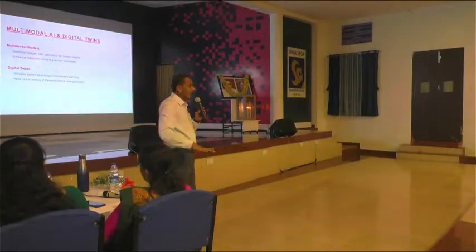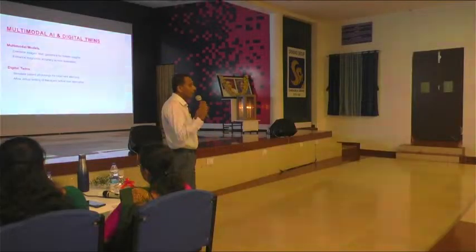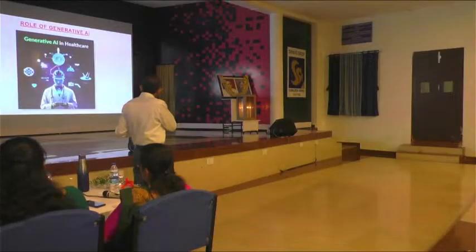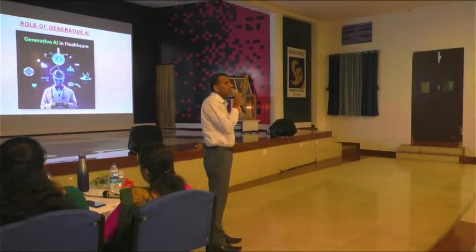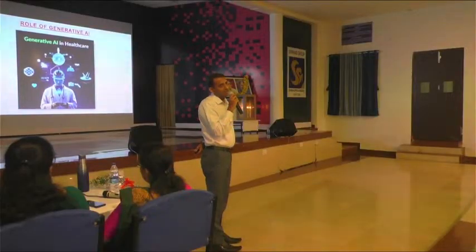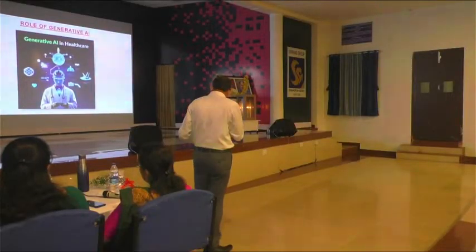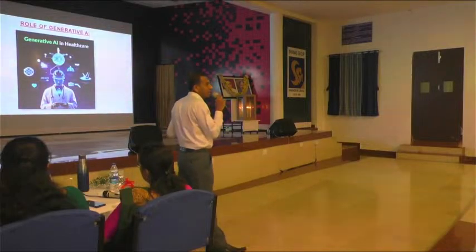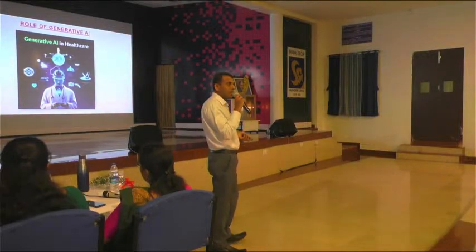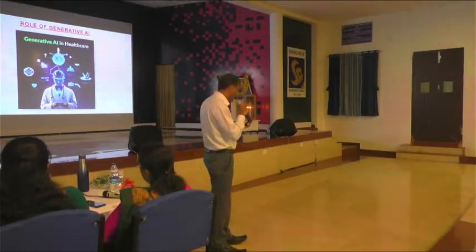The patient will be scanned and the simulated data observed so that the surgeon can take more accurate decisions. The final one, which is more interesting for me, is the Gen AI part in healthcare, because you can see a lot of things are connected to a person now. Now you have to decide which one to take and which one to reject, because it automatically creates a sum of the chat.